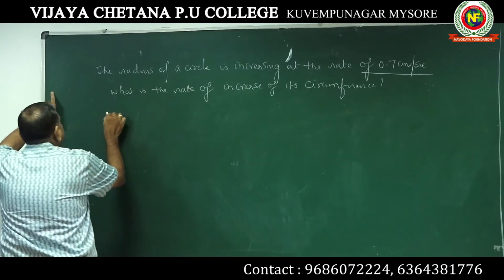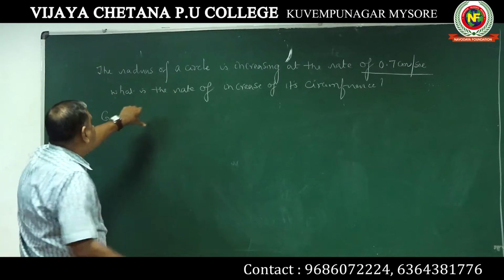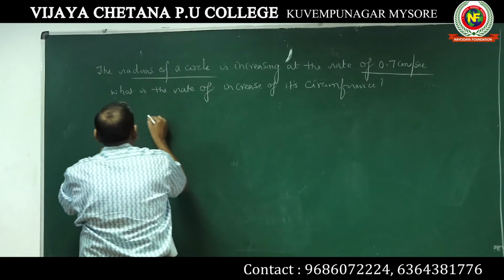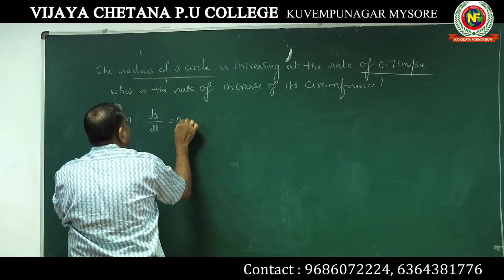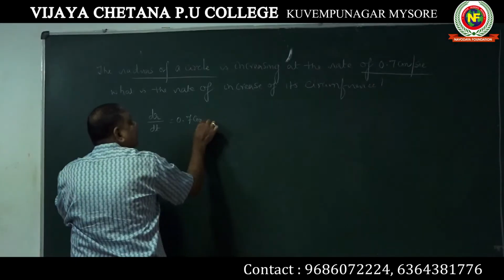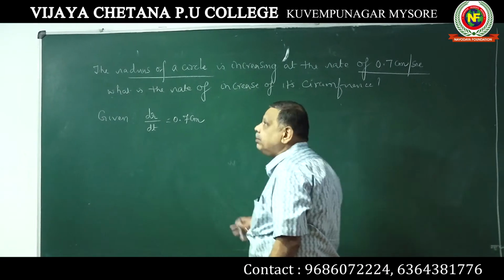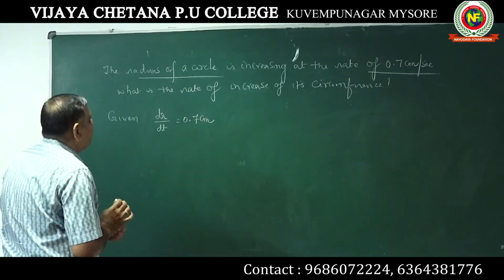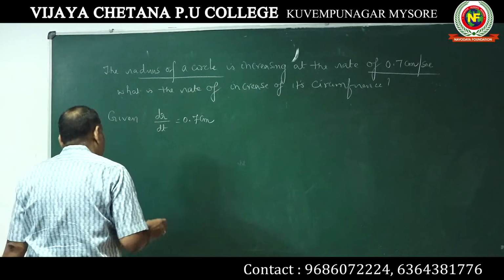Given is, see here, write down, given is the radius of the circle, so it is dr by dt. Given that dr by dt is 0.7 centimeter per second. You may ask what is the radius, the rate of increase of the circumference. Here only dr by dt is given, the radius is not given, but it is not necessary.